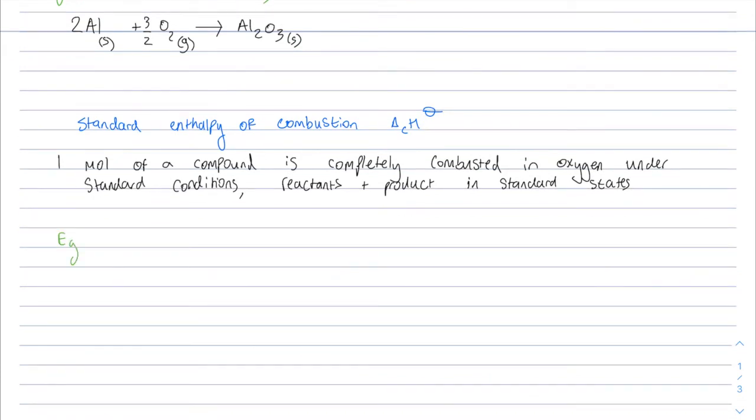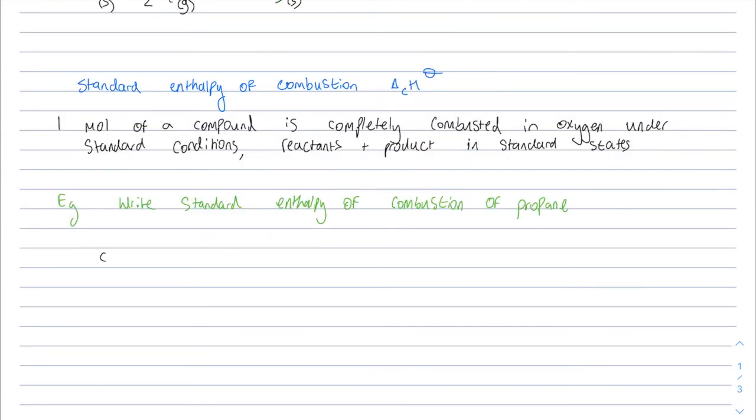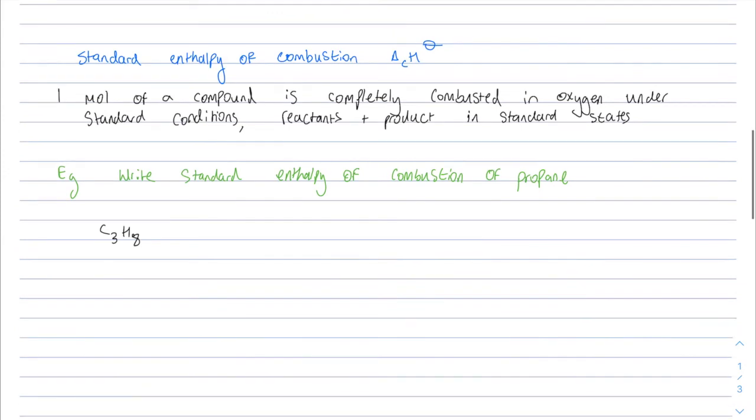So write the standard enthalpy of combustion of propane. Remember, it's 1 mole. So write down propane, which has the formula C3H8. And then you know that when you burn a hydrocarbon, you get carbon dioxide and water.